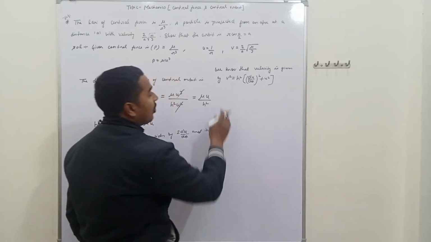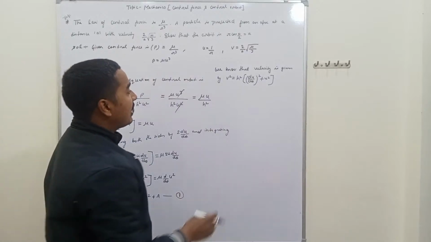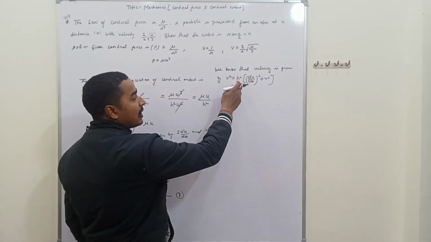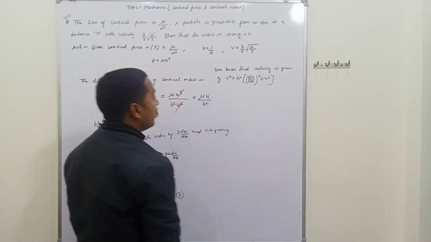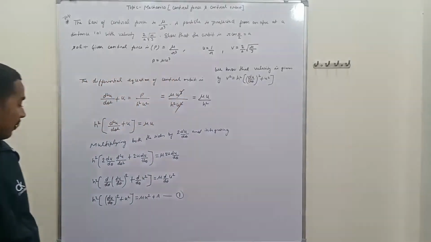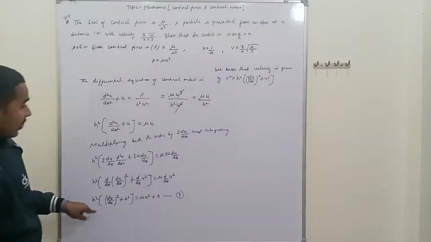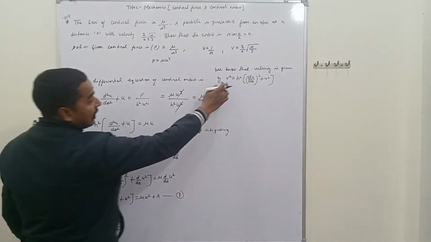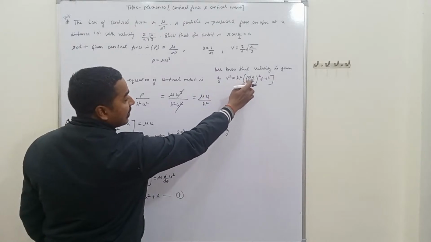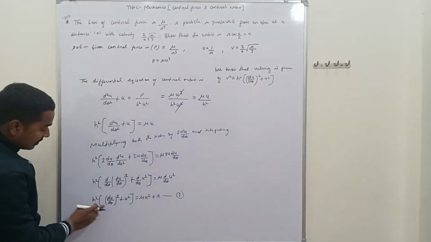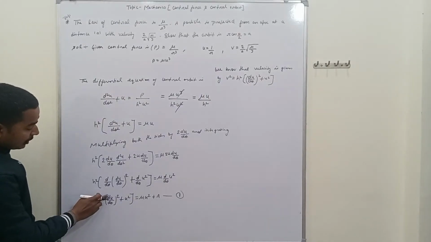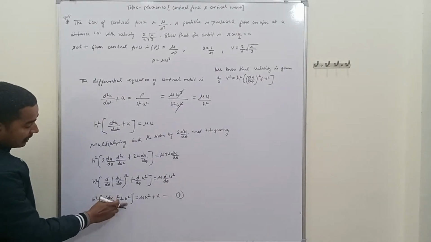In a central orbit, velocity is given by v square is equal to h square bracket du upon d theta whole square plus u square.